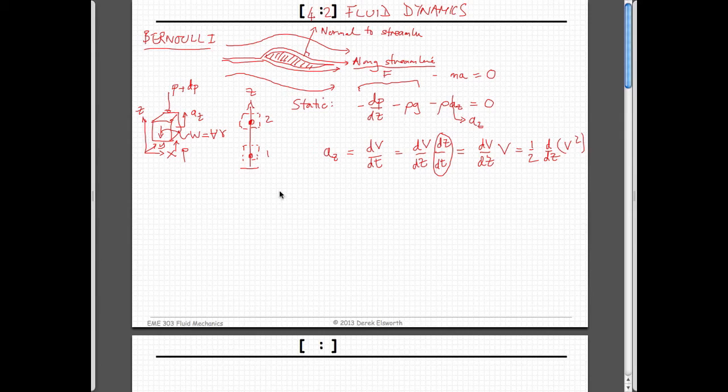And so we can check that if you like. Let's just provide a little check of this. If we take this expression that we have here, the change of v squared with elevation, we can write that as equal to a half dv all squared over dz, and again we can multiply by 1, and if we take that and do the derivatives of this, this is v squared.